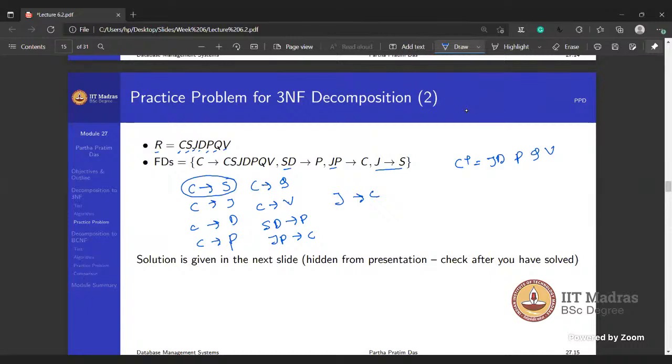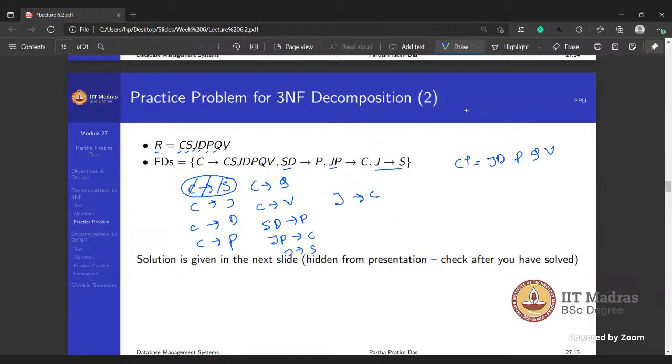So J, D, P, Q, V. Here J determines S, by mistake, it is okay. So this is an extraneous functional dependency.